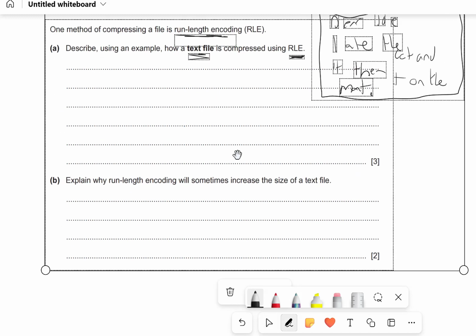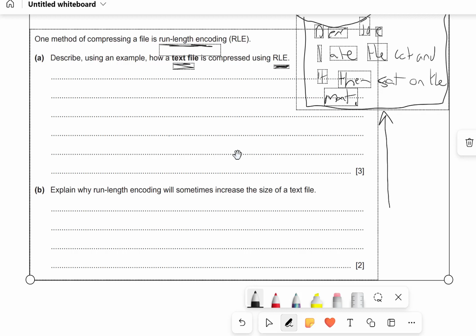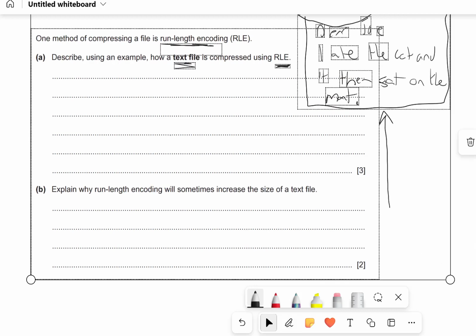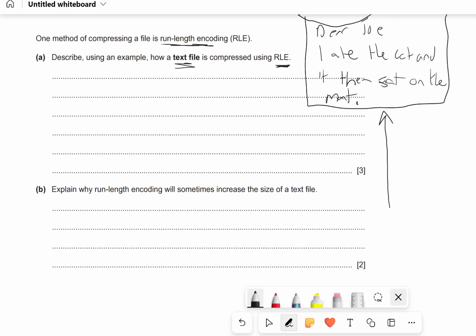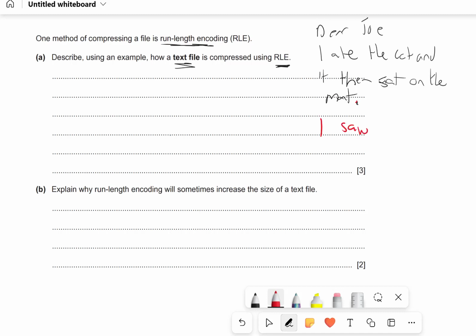Run-length encoding won't be actually useful for this example I've just given you. But if I was to do this in my letter, let's make the letter a little bit bigger. I saw a deer and it went to the pool.